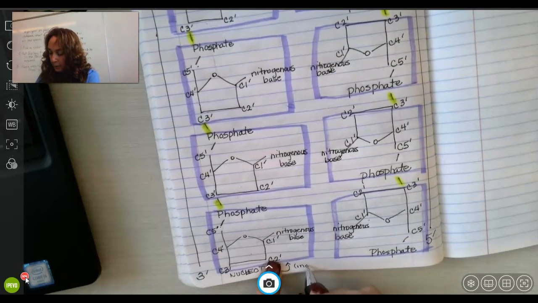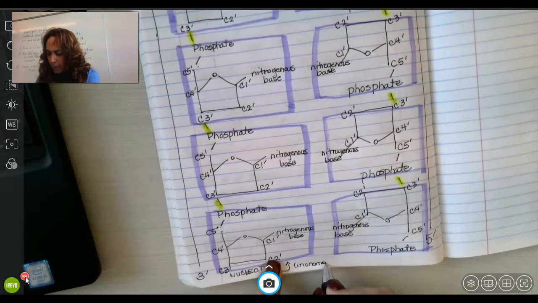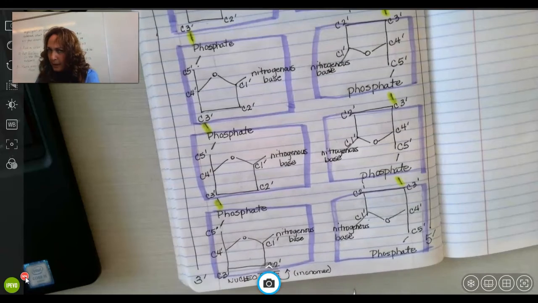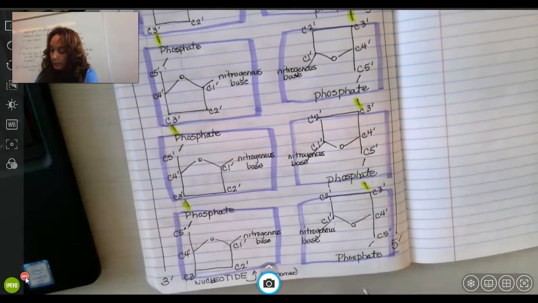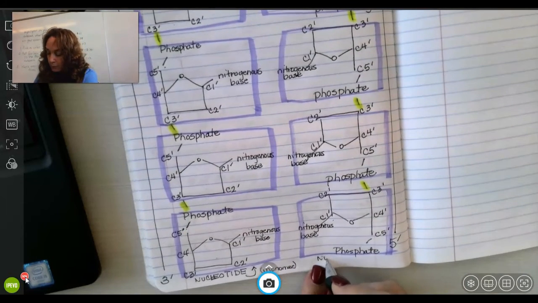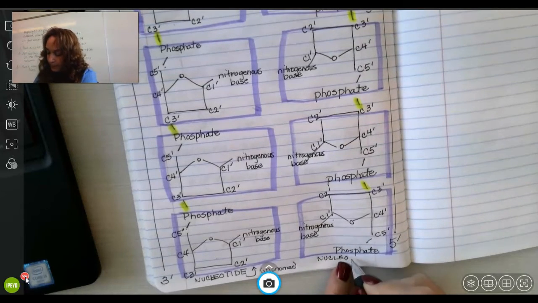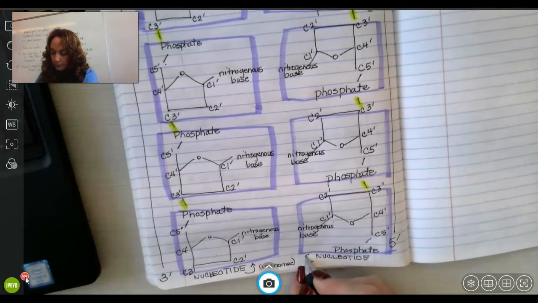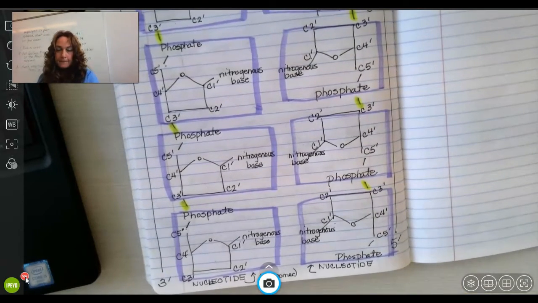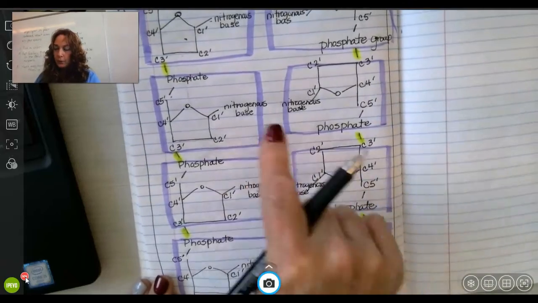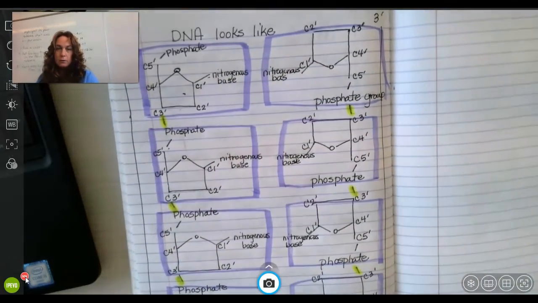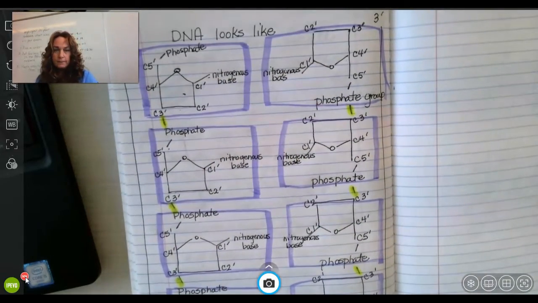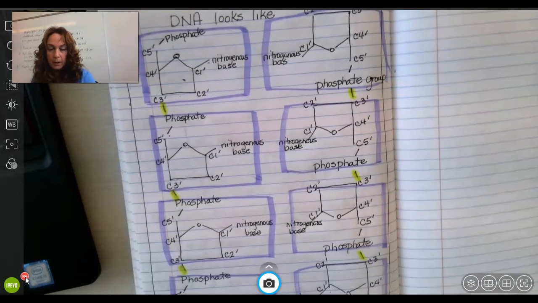That's the monomer. It's weird when the basic part's made of 3 parts. Also, nucleotide. So I have 1, 2, 3, 4, 5, 6, 7, 8 nucleotides shown here. So this is my sad little small polymer.